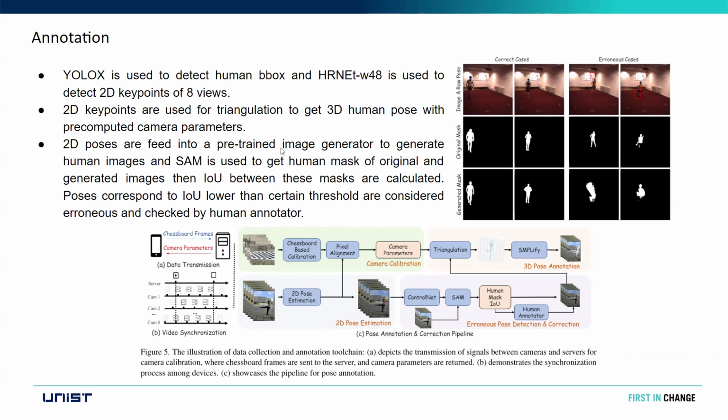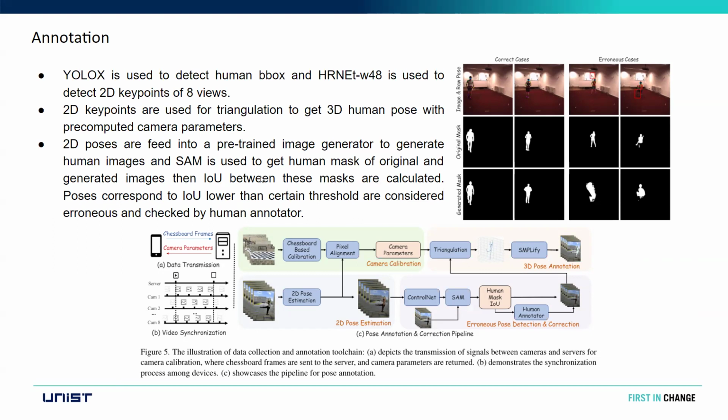So to further enhance the poses, they use the Segment Anything Model to get human masks of original and generated images. They put the 2D poses into a pre-trained image generator, a ControlNet, to generate human images based on 2D poses. Then they use the Segment Anything Model to get human masks of the original and generated images.